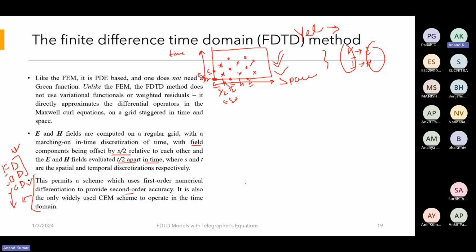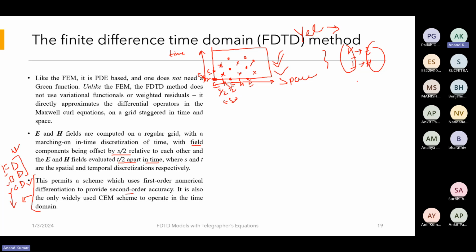So the scheme is built upon discretizing the curl equations, and the divergence equations are basically included when you try to include any excitation or source, is what I have felt.